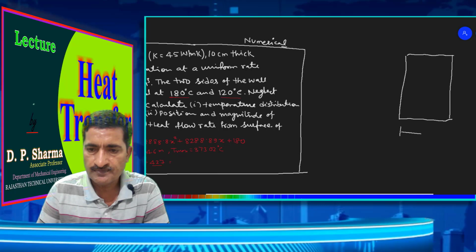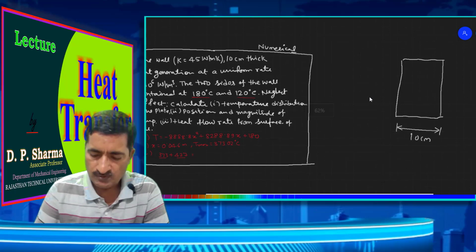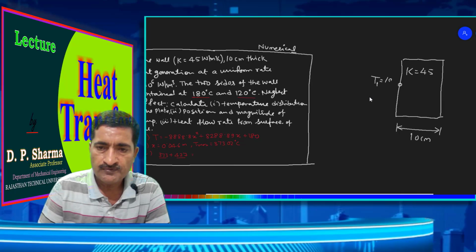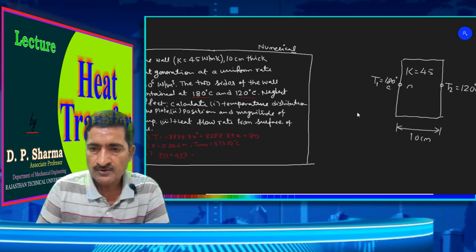Of thickness 10 centimeter and K equal to 45, and on one side the temperature T1 equal to 180 degree centigrade, on the other side surface temperature T2 equal to 120 degree centigrade, and heat generation rate Qg equal to 8 into 10 raised to power 6 watt per meter cube.